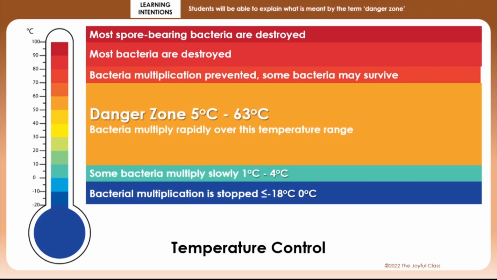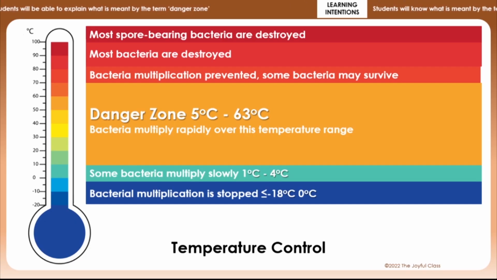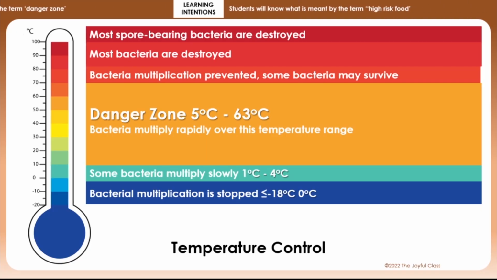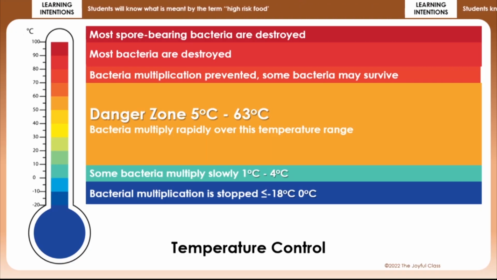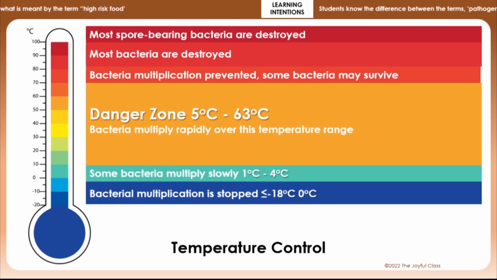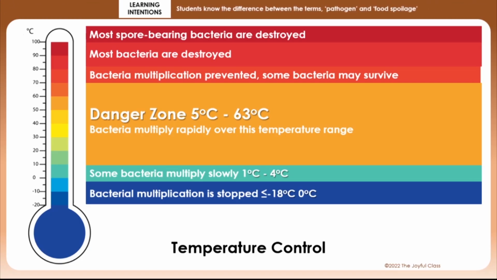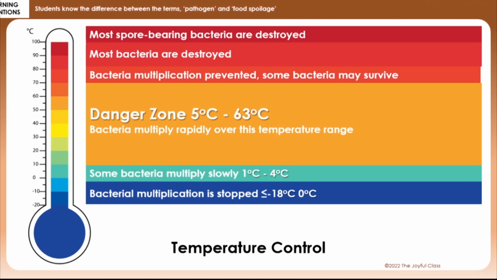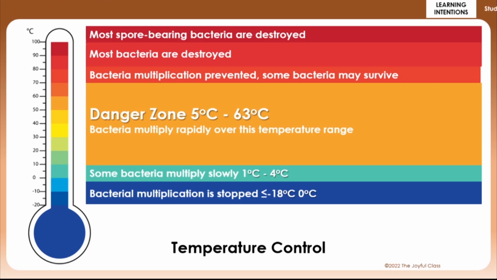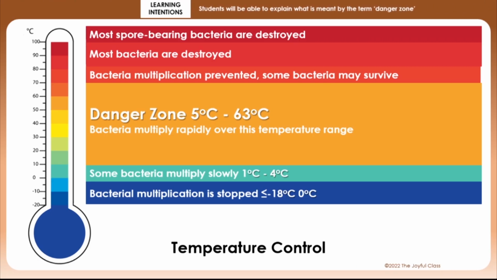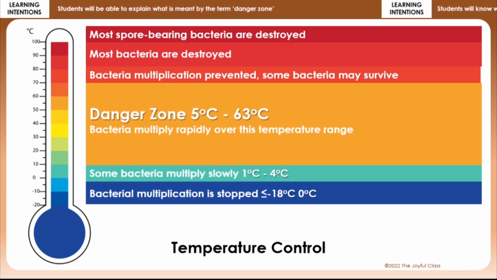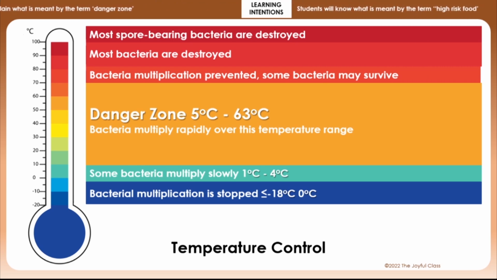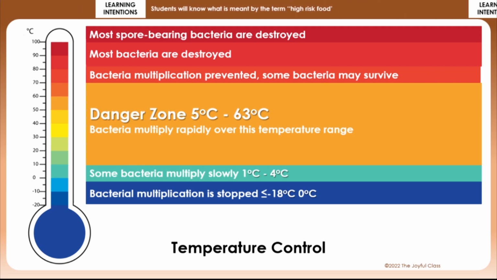The temperature range in which bacteria multiply is between 5 and 63 degrees. Above 100 degrees, most spore-bearing bacteria are destroyed. Some bacteria slow down between 1 and 4 degrees.